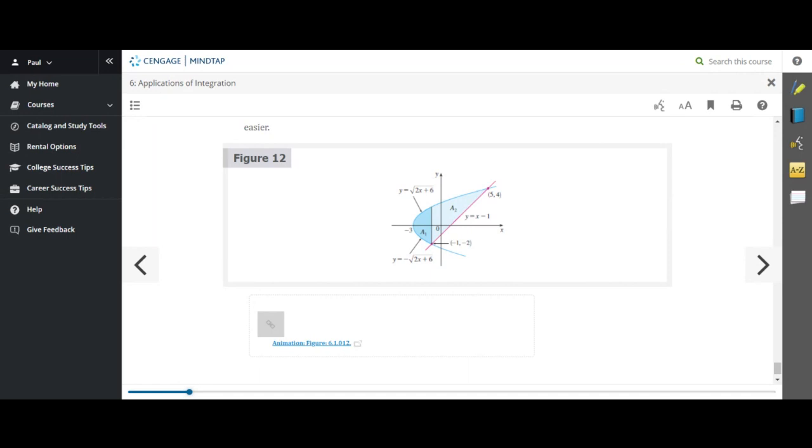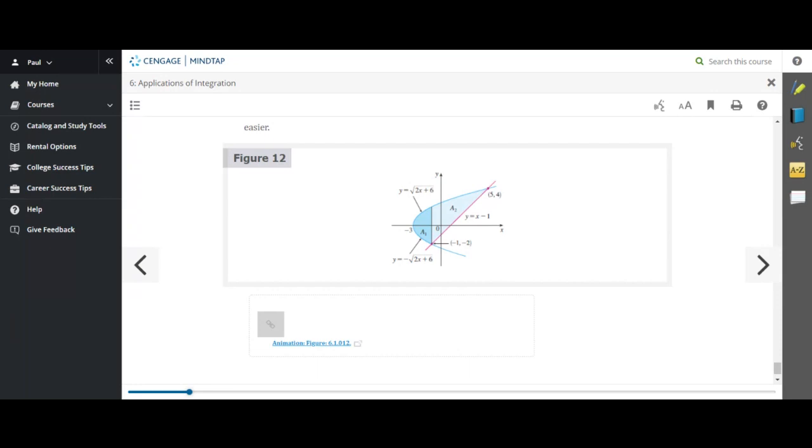When x goes from -3 to -1, what's the bottom function in area A1 in figure 12? Negative square root of 2x plus 6. Good. Then from x equals -1 to x equals 5, what's the bottom function? x minus 1. That's right. So it changes.